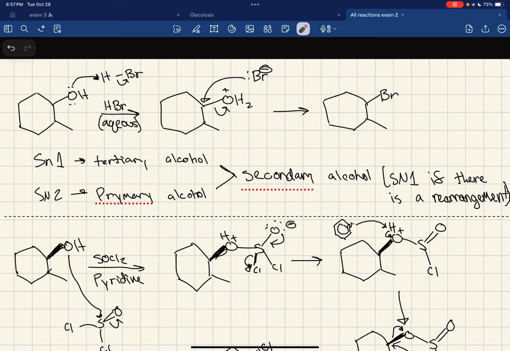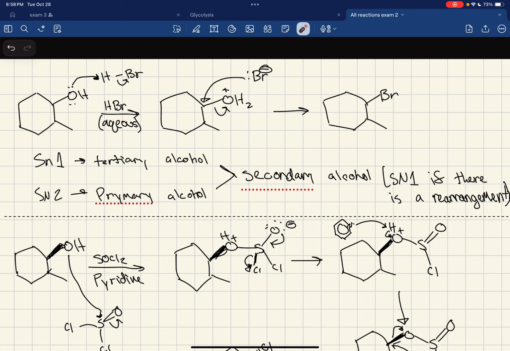And just a side note, HBr, HCl, you don't have just 100% HBr, HCl. Those will always be in like an aqueous solution. But yeah, this is just basically another substitution reaction where you make water a good leaving group, or the alcohol a good leaving group by protonating it. Looks a lot like water, so it's going to leave.